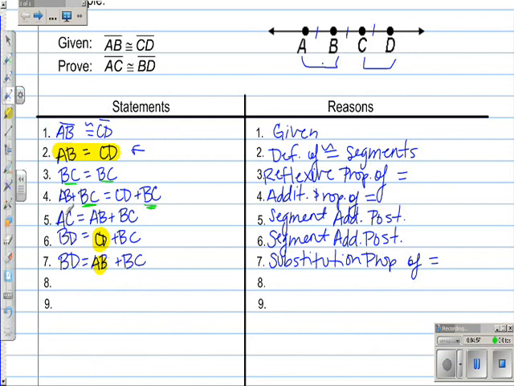Okay, so now I can see that AB plus BC is the same as AB plus BC, right?